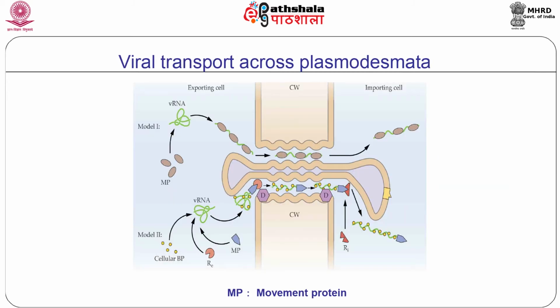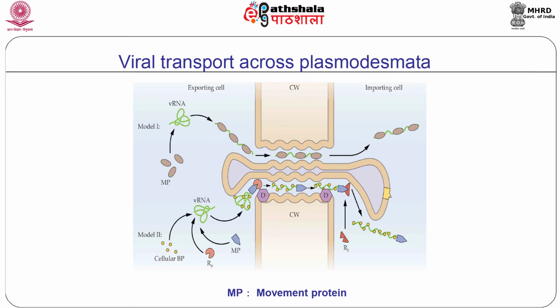Viral transport across plasmodesmata. Transport of proteins and viral RNA, that is vRNA, through an individual plasmodesma between plant cells is depicted in the figure. Plasmodesmata are intercellular organelles in plants that allow the passage of molecules between plant cells.